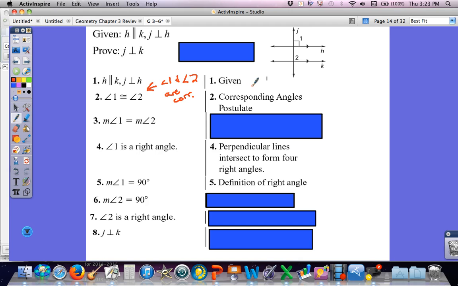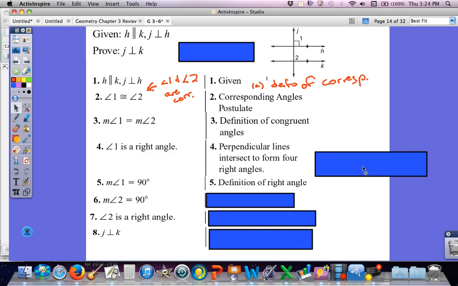And that would be the definition of corresponding. Because otherwise, I'm using the corresponding angles postulate saying that they're congruent because they're corresponding, but I haven't said that they actually are corresponding.